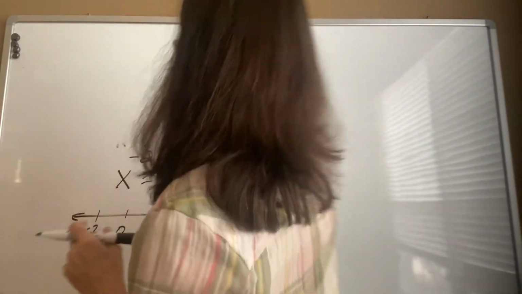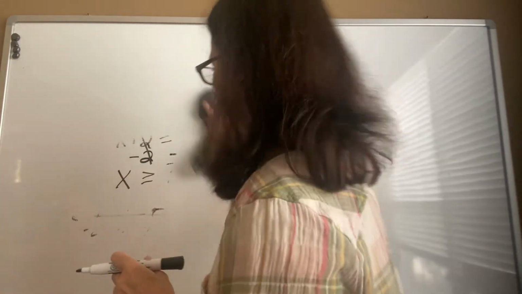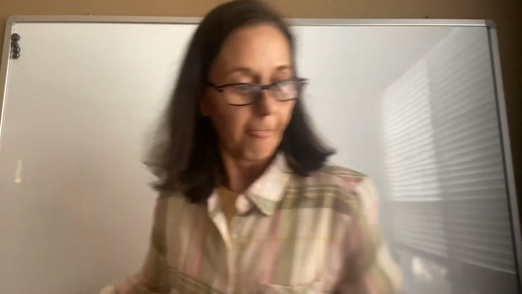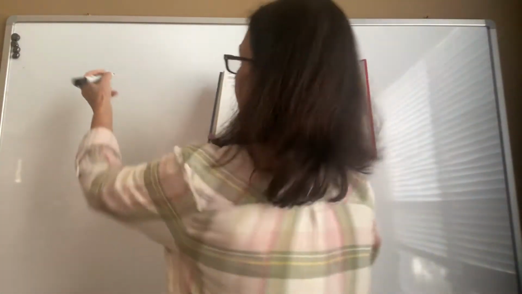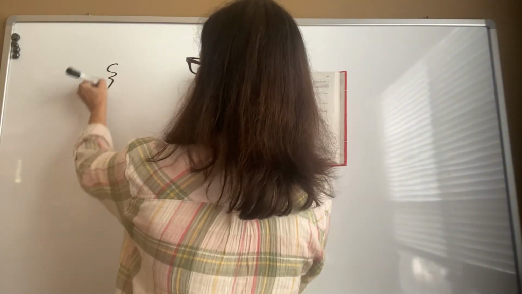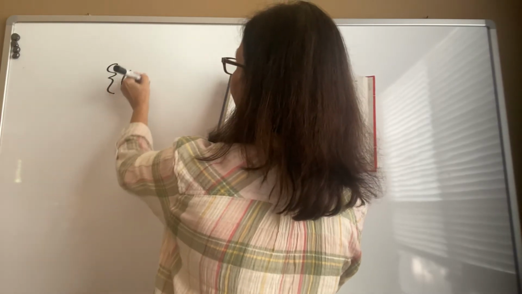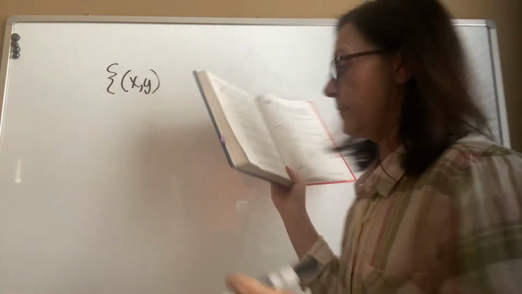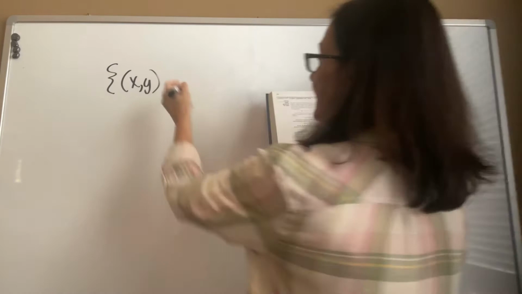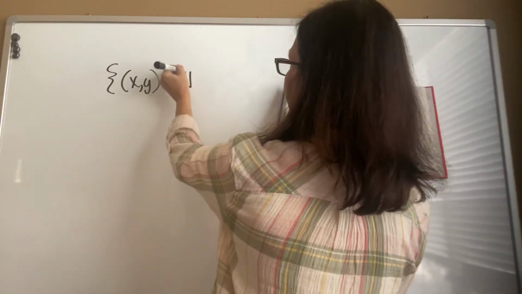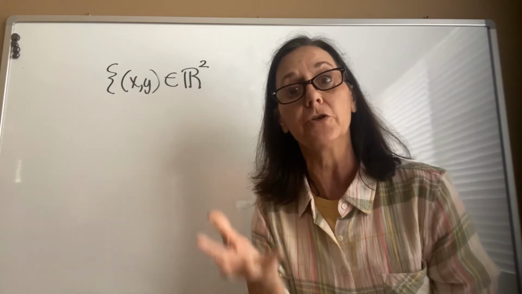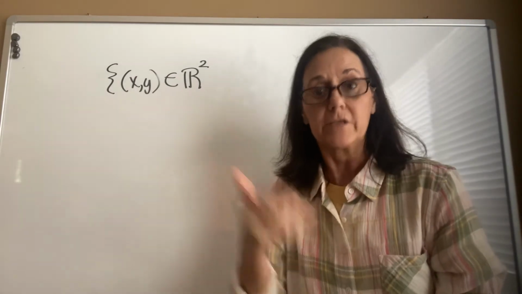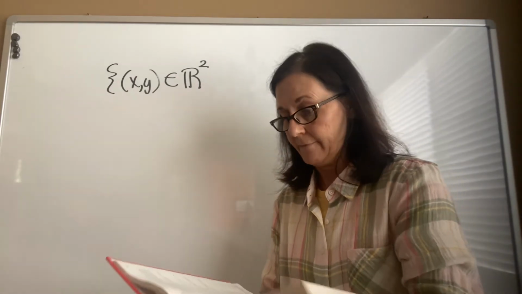And that's the one example that's in the book. All right, so look what this one says. This says the set of all coordinate points that are elements of, and now look at this, reals squared. It's squared because we're in 2 dimensions, length and width, all right?